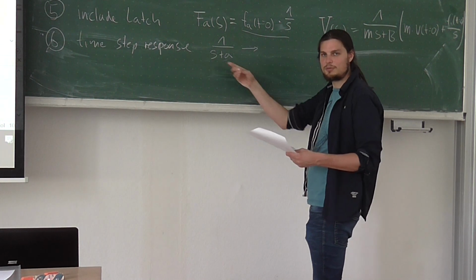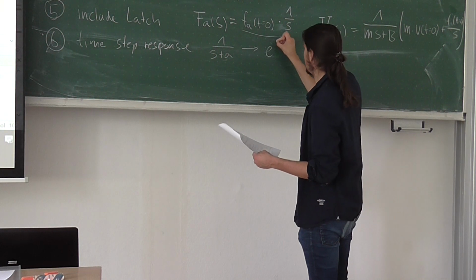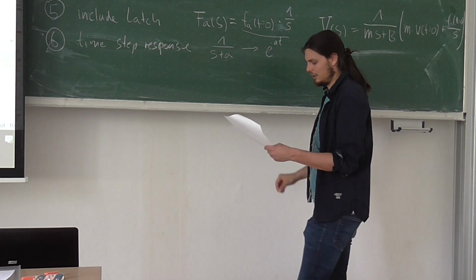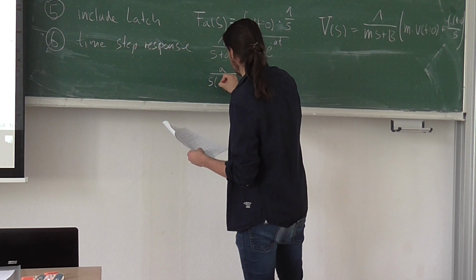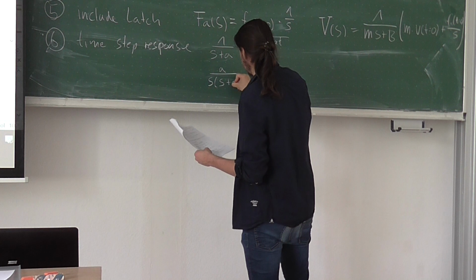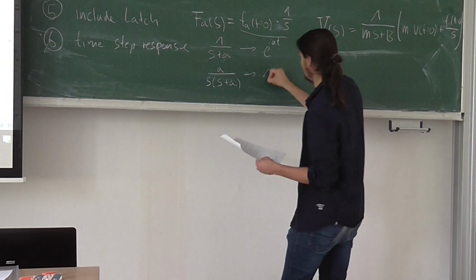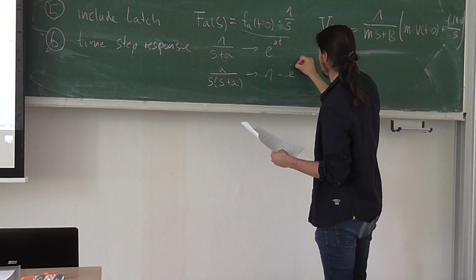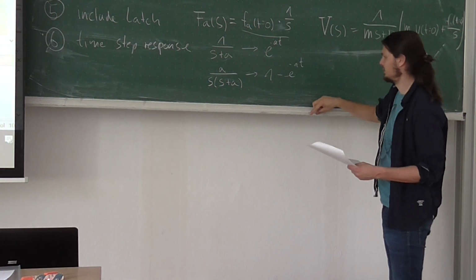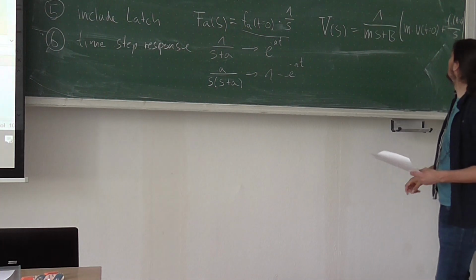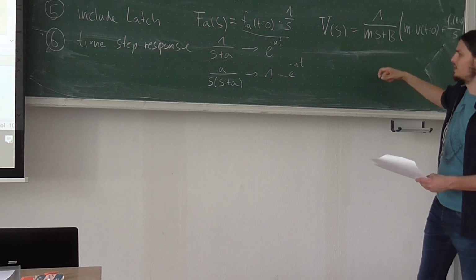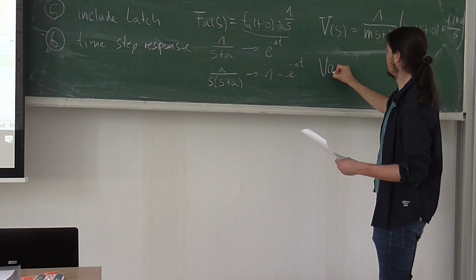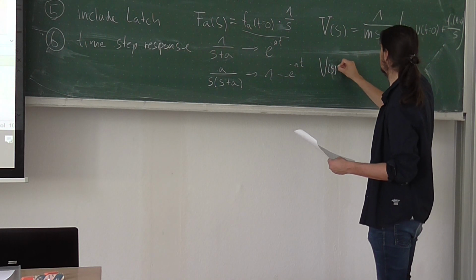So I had a table that tells us 1 over (s plus a) becomes e to the minus a t. And I also use a over s times (s plus a) is 1 minus e to the minus a t. Because this is something like s times (s plus something), and this is just this over that. So we have to get it to that format first. It shouldn't be so hard.